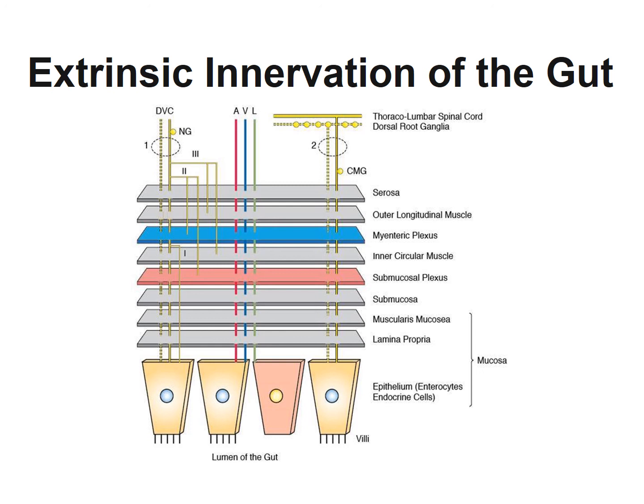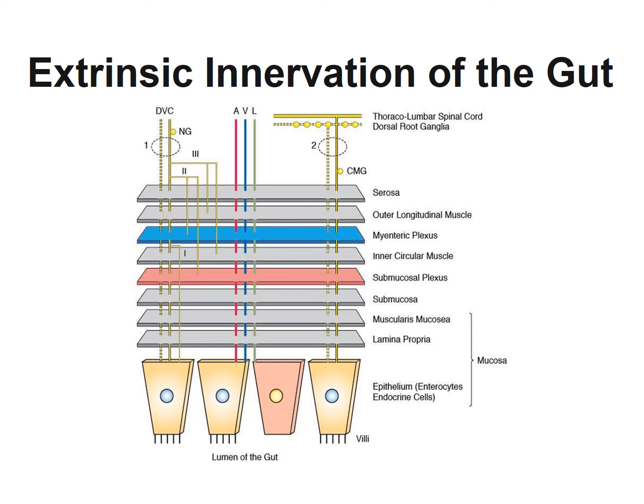The cell bodies of the efferent part of the vagus, which is number 1 in this diagram, are located in the dorsal vagal complex, especially in the nucleus called DMV, or dorsal motor nucleus of the vagus. That's where information from the brainstem, or the hindbrain, is sent to the gut.